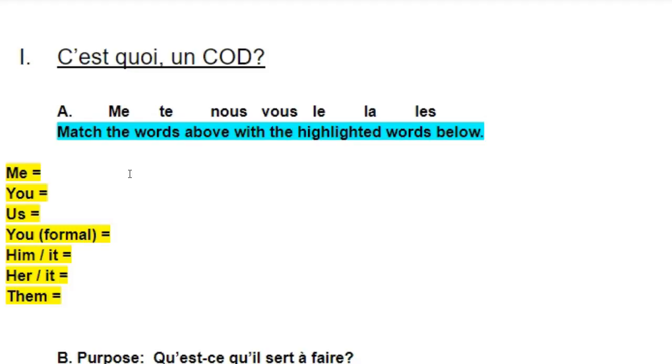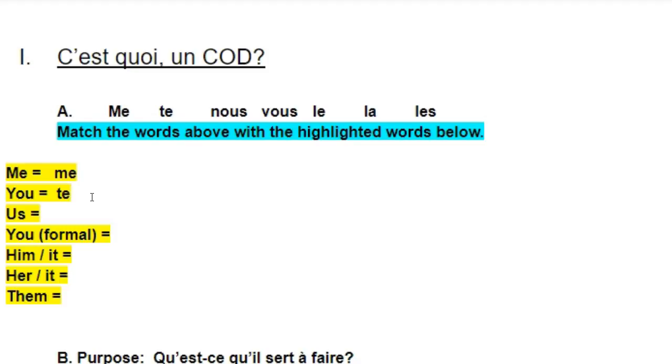Can you find the word in French that means me? Me, that's correct. Can you find the word that means you? Well, think about the subject. Je means I. What means you? Tu. So can you find the object pronoun?